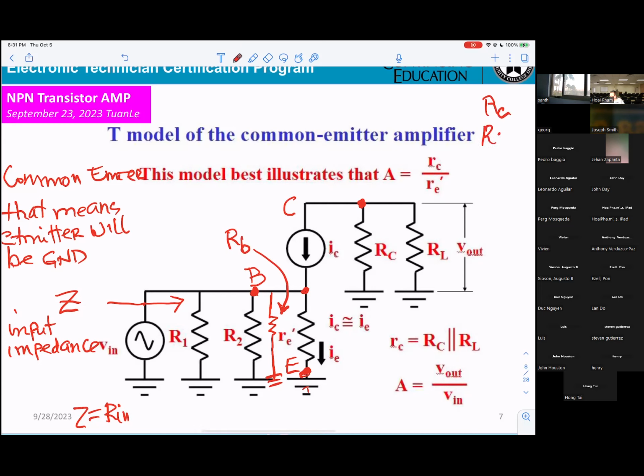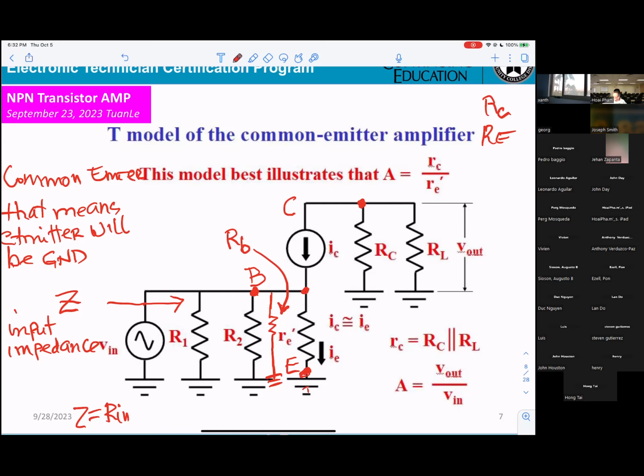RE means resistor from emitter to the ground. RB is resistance from the base to the ground.